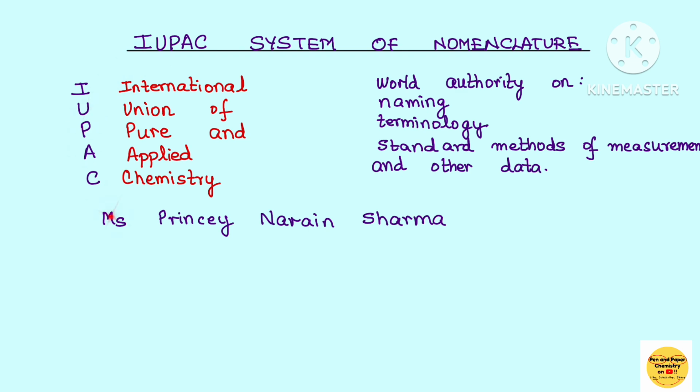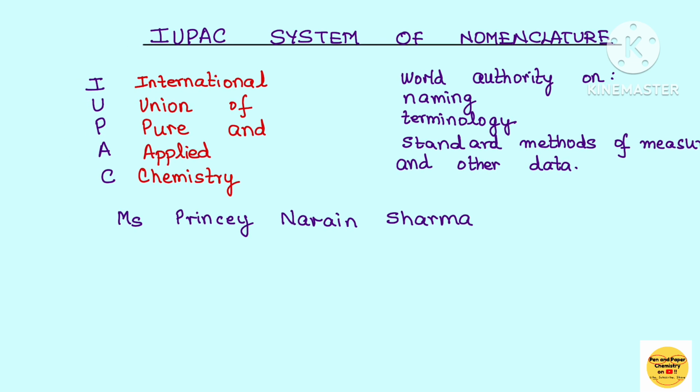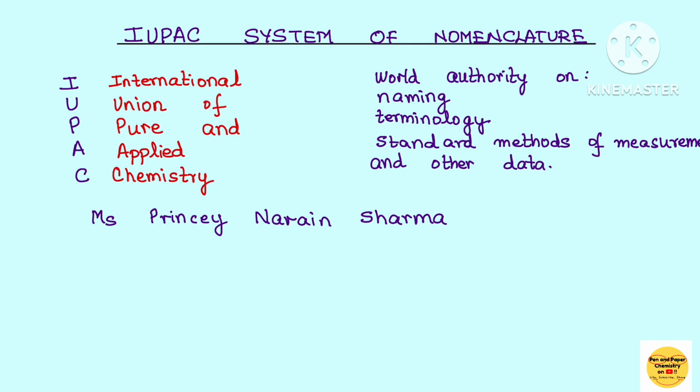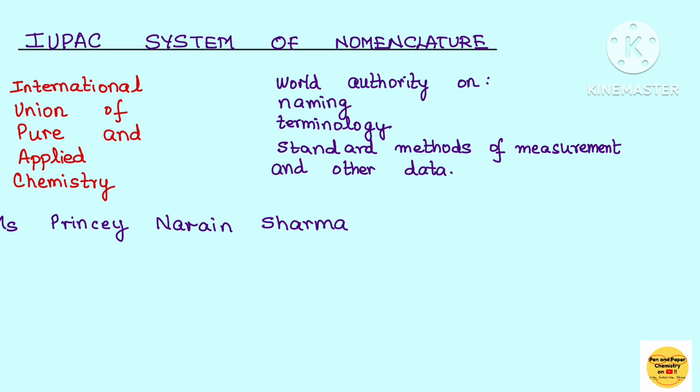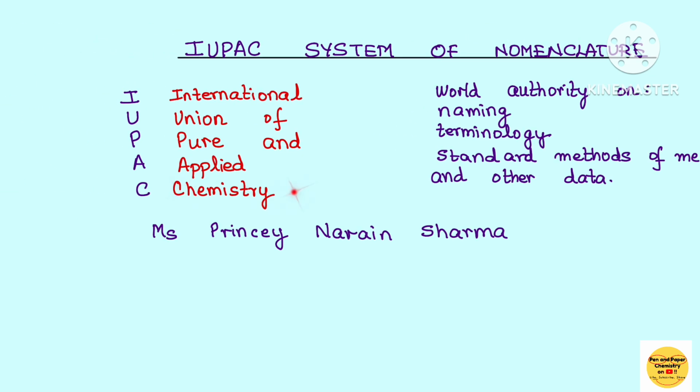What values are we going to use when you study chemistry, not just as a subject, but when you go on to your higher discussions, when you make new discoveries, when you find some new compounds? So how are you going to refer to them? This is like the code that we have to follow in the scientific world when it comes to anything related to chemistry. So that is what IUPAC stands for.